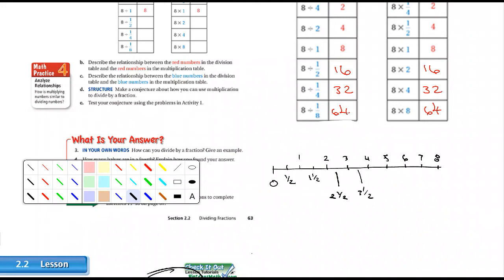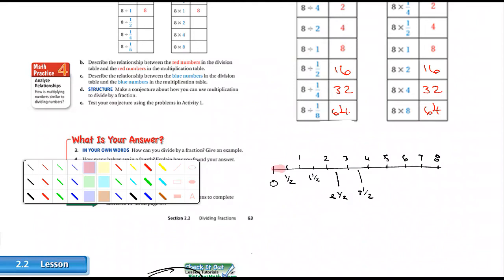Now, going back to this question right here, take a look at this. I'm asking, or they're asking, 8 divided by 1/2 right here. How many 1/2s are in 8? 16. And we already decided it was 16. Well, I'll prove it to you. Let's count them.